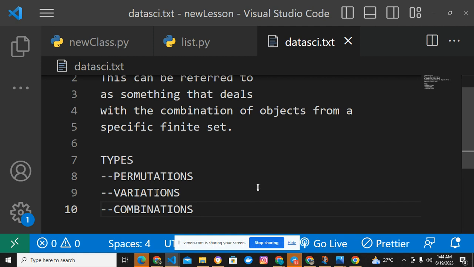What is permutation? Permutation is the number of different possible ways we can arrange a set of elements.